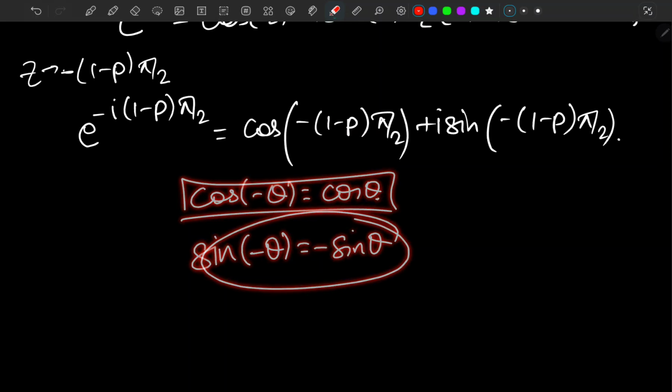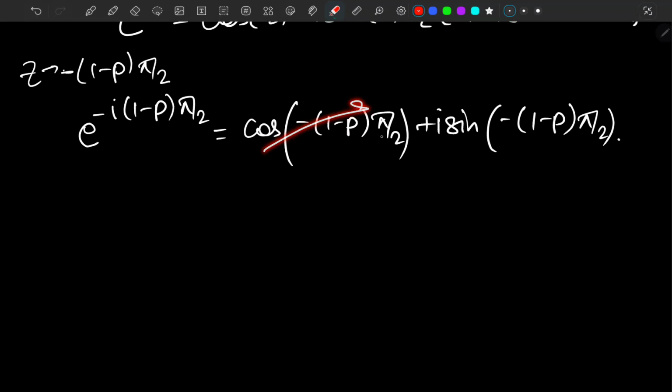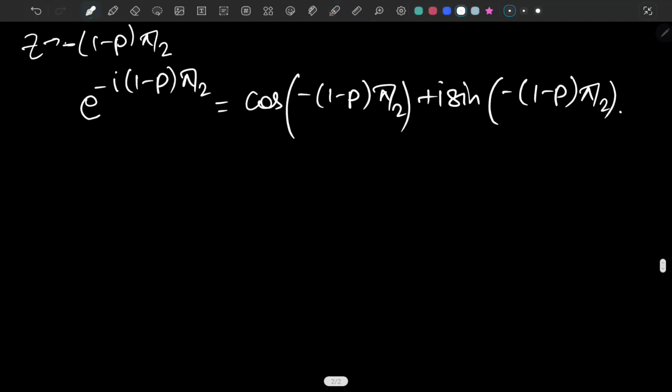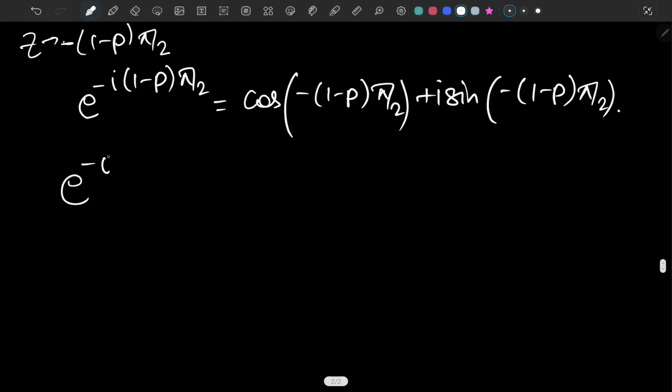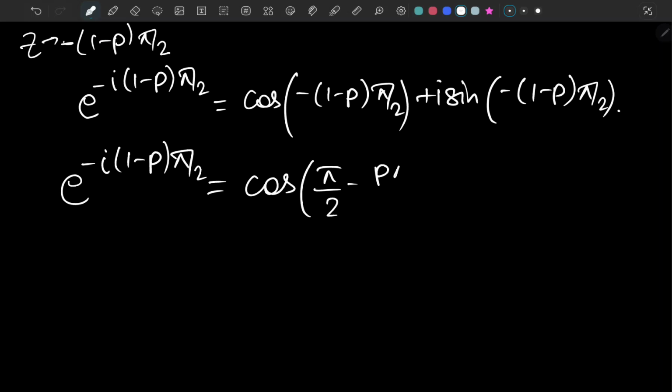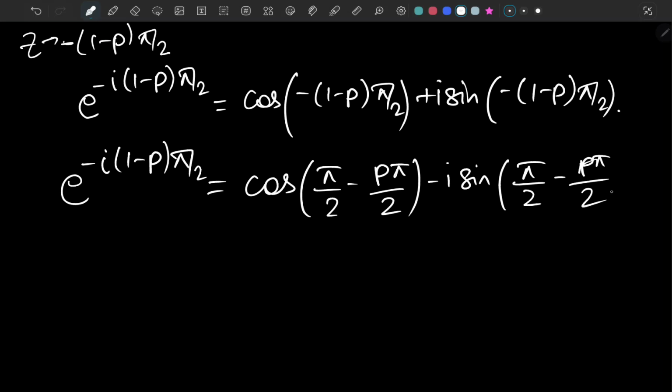So basically this is going to be cosine of this argument without any negative in front, and the sine is going to be negative here. So let's write that down: it's e to the negative i (1 minus p) pi over 2, and it's cosine of pi over 2 minus p pi over 2, and minus i sine of pi over 2 minus p pi over 2.